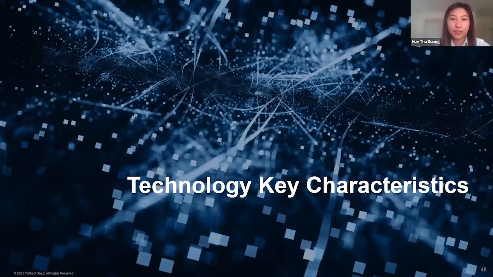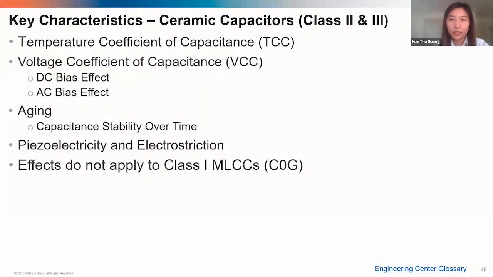And lastly, in this final section, we have technology key characteristics. These are the key characteristics for class 2 and 3 ceramic capacitors, which are made of barium titanate technology. There are voltage coefficients, which contribute to DC bias effects and AC bias effects.